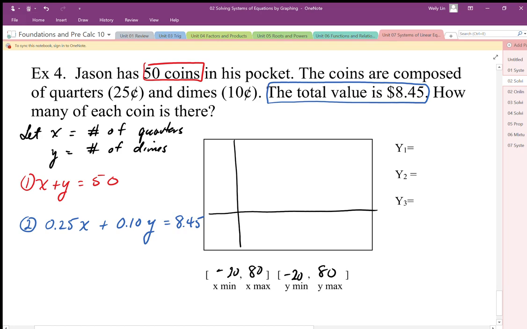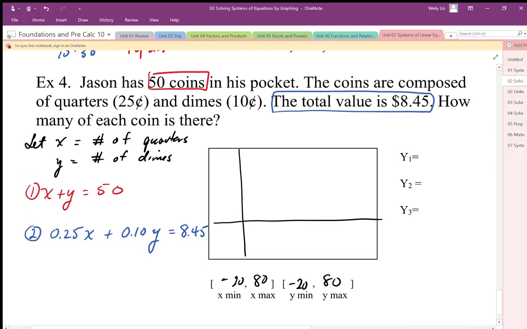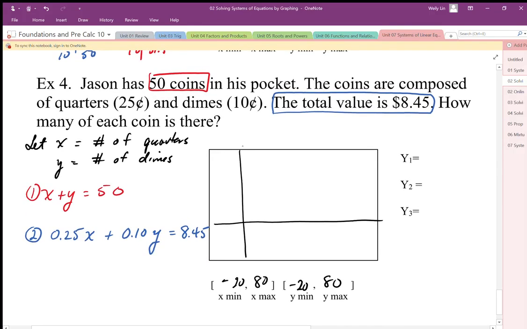And my graphs are going to look like this. So my red graph is going to be x plus y equals 50. So I can have 0 for x, and y is going to be 50, and it's going to look something like that.